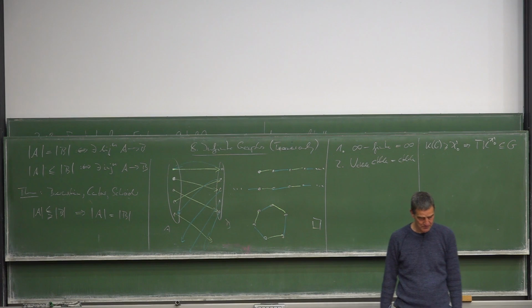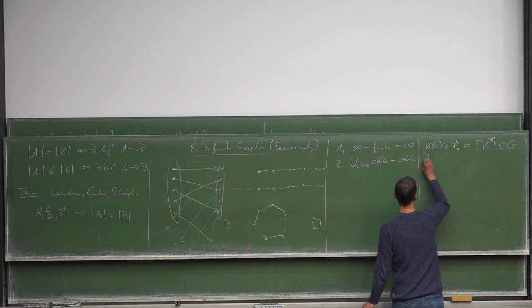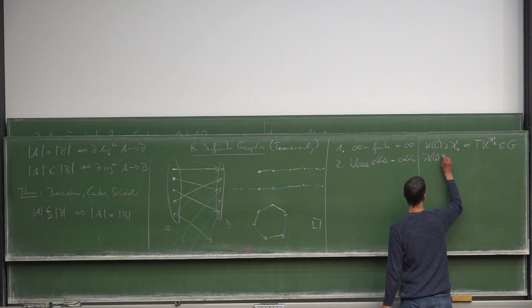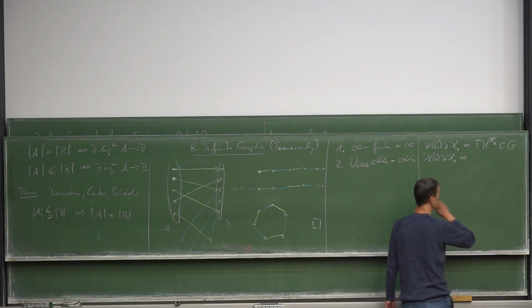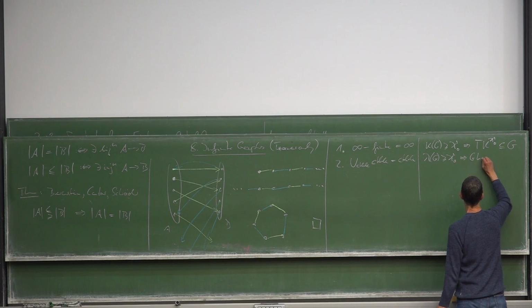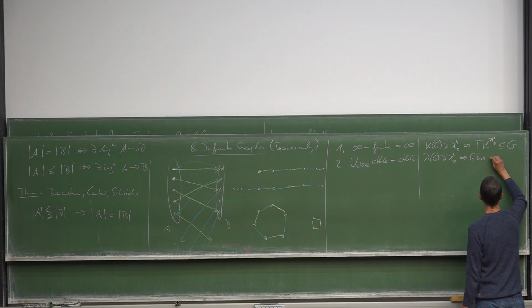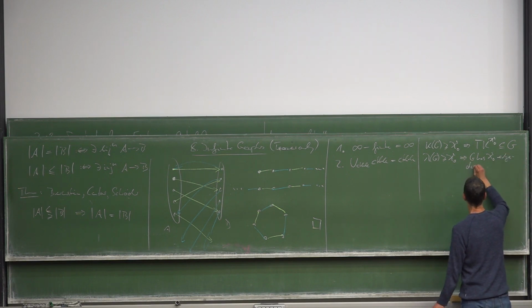So what I want to prove is that if the edge connectivity of G is infinite, then G has infinitely many edge disjoint spanning trees.